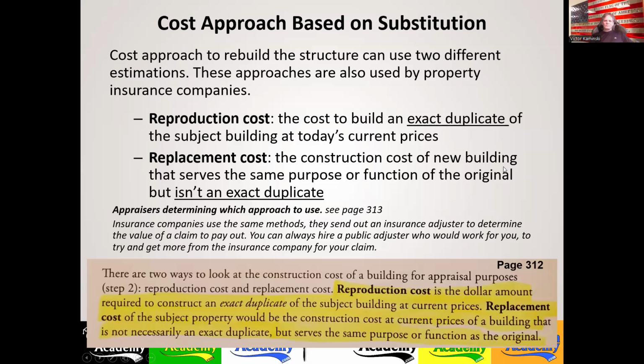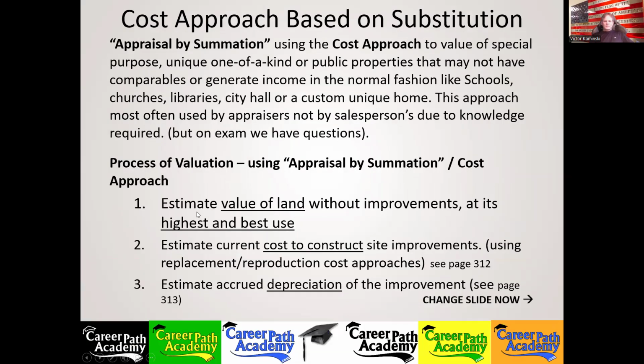Okay, so the cost approach, you've got to figure out if you're going to use the reproduction cost approach or the replacement cost approach when determining the value. So once again, recap. First step, they estimate the land value put to its highest and best use.